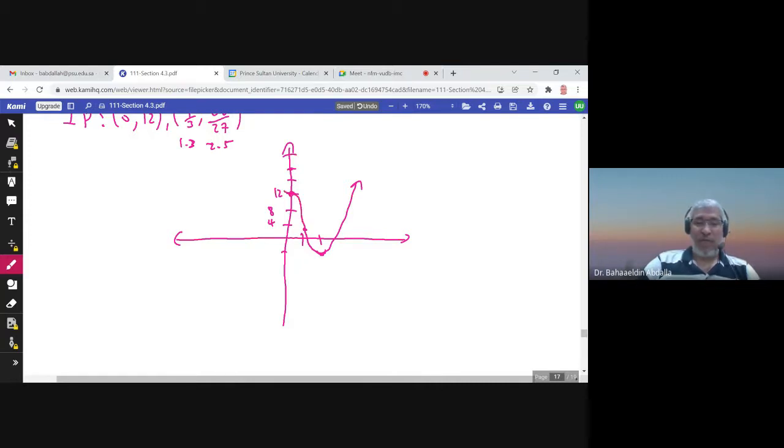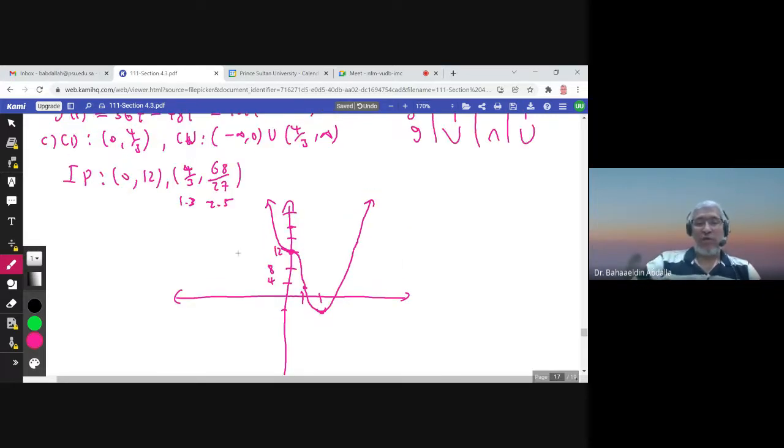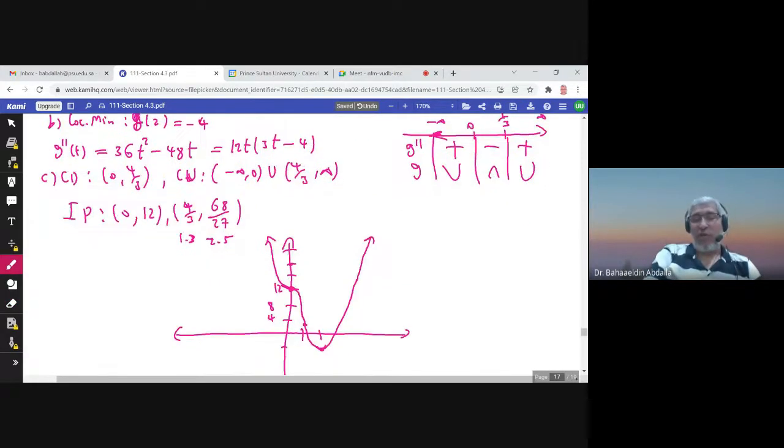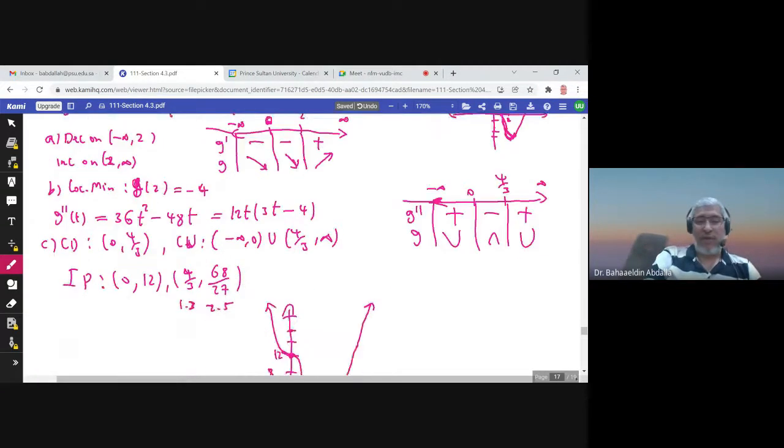And this is an inflection point, and it becomes concave up and continues to infinity. Of course, you can take this more up. So this is the graph of this function. It satisfies all the conditions. You can choose more points to check that everything is fine.